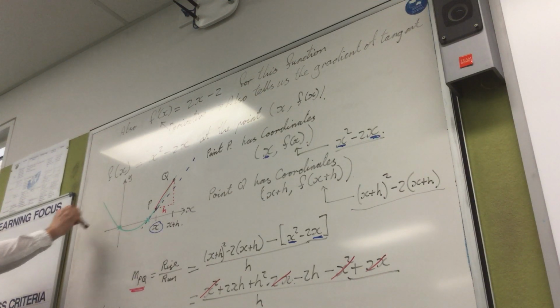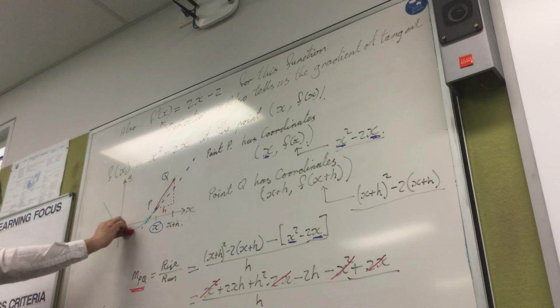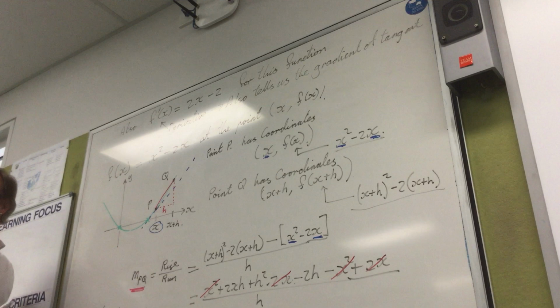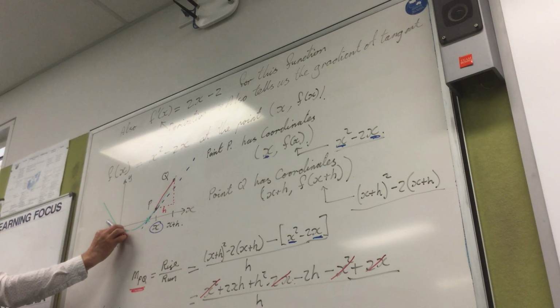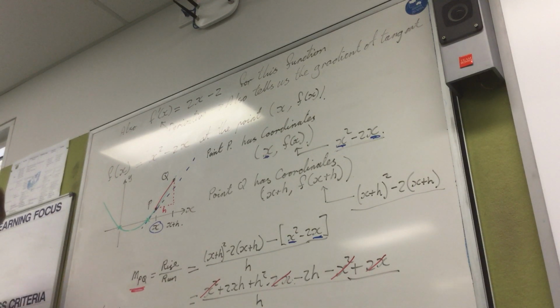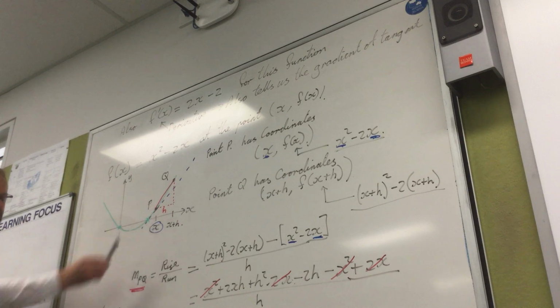Every different point has a different tangent, and that tangent has a different gradient. This will allow us to figure out what it is. So if x equals 0 here, put 0 in there, the gradient is minus 2. Over here at 2, put 2 in here, 2 twos are 4, minus 2 is 2. That's not too bad.